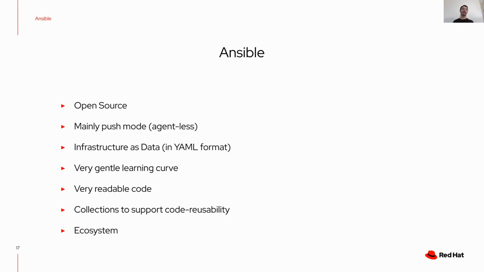But this also helps to have a huge ecosystem, because in the same way that you can package code in a collection and distribute it internally, you can also distribute it externally if you want. Many people do want to distribute their collections externally, and this creates an ecosystem. Within the Ansible ecosystem, there are also a lot of other tools, like AWX mentioned before, that allow you to do much more with Ansible.